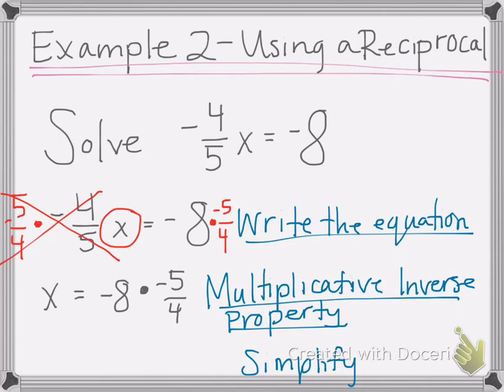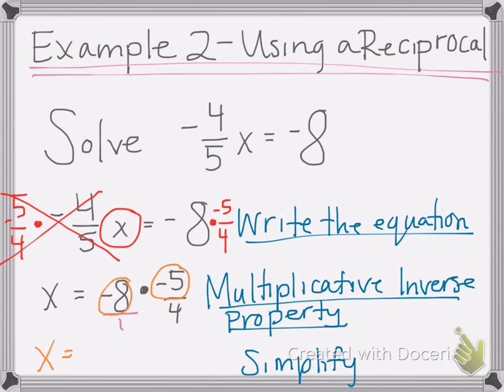Simplify. Okay, so negative 8 times negative 5 over 4. Just to make it visually easy for me, I'm going to put a 1 under that. And with multiplication of fractions, you can just go straight across. So I have x equals, what's negative 8 times negative 5?